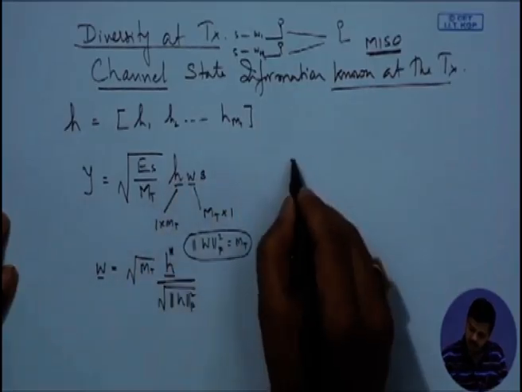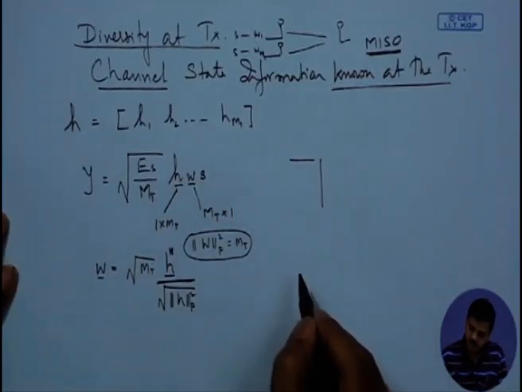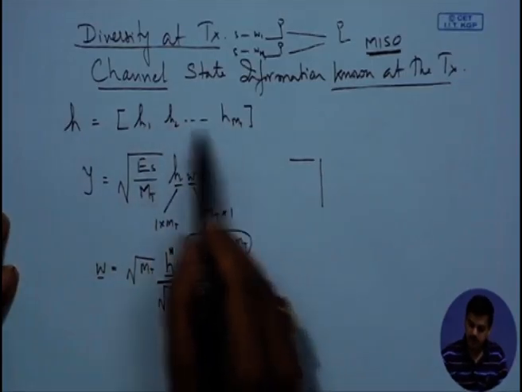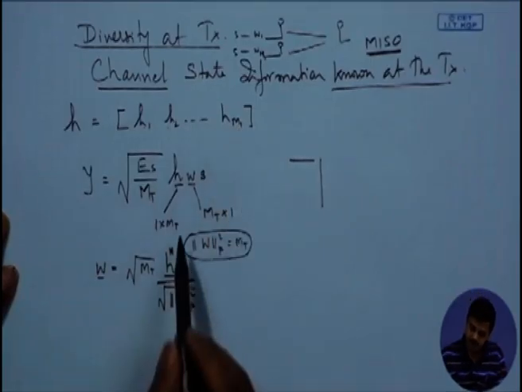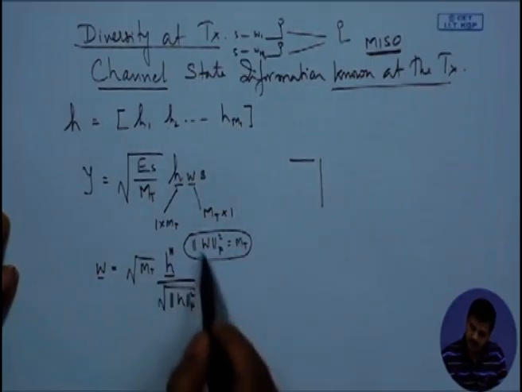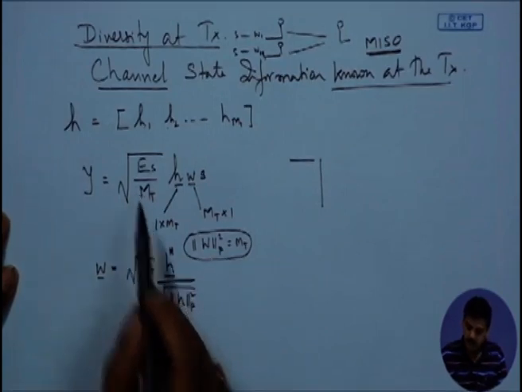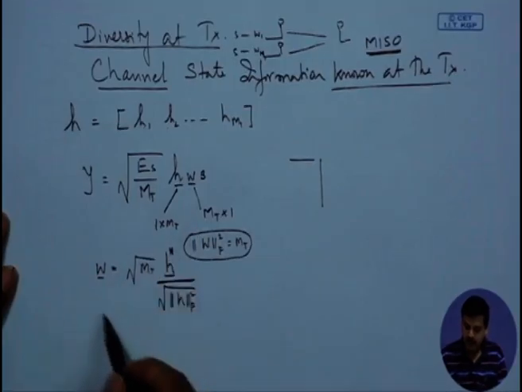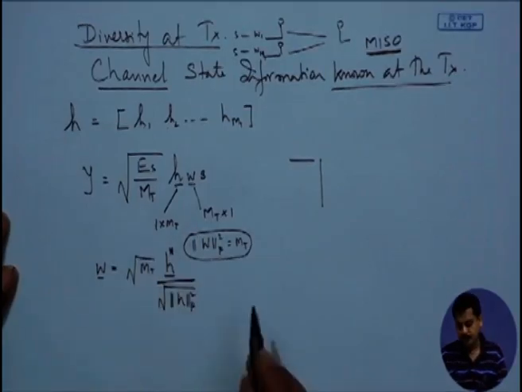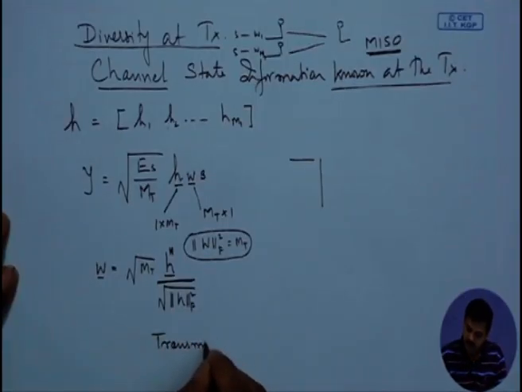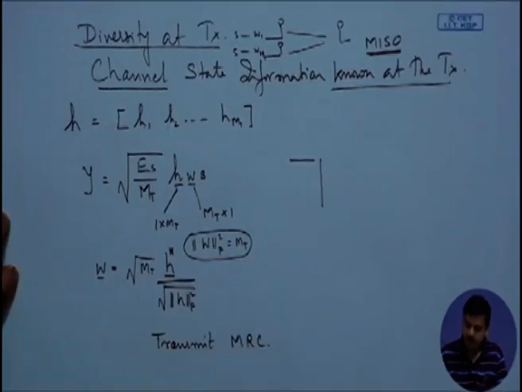So the row vector H and W get multiplied with each other, and we can predict that |H1| squared plus |H2| squared plus dot dot dot up to |HMT| squared is going to appear over here, and that will be the Frobenius norm squared, and this MT and that MT will cancel each other. So we are going to get something like the receive MRC. So what we have over here is, in other words, transmit maximal ratio combining. This is done in order to maximize the received SNR.